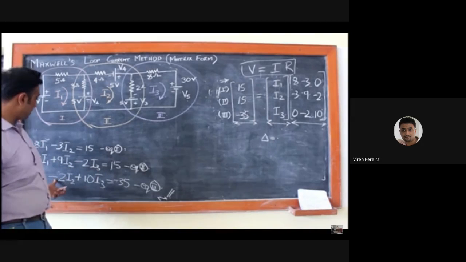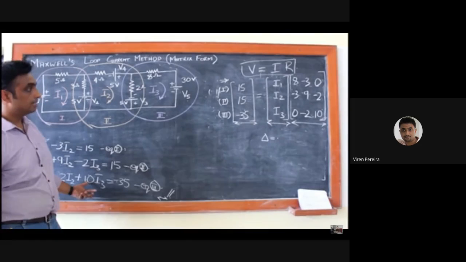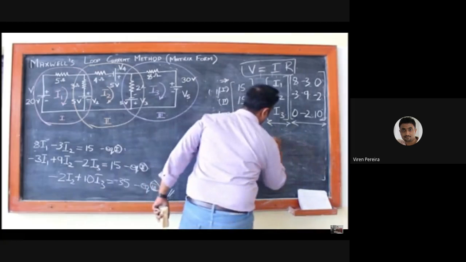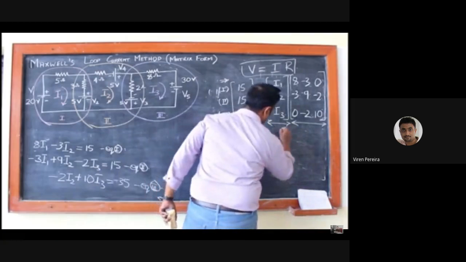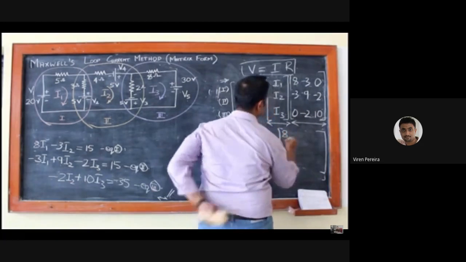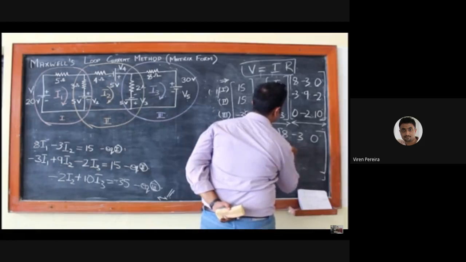And we have 0 since I1 is not there, minus 2 and 10. So now our resistance matrix is this. We have to find out the determinant of this matrix.